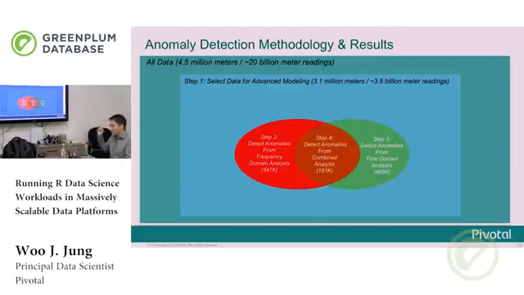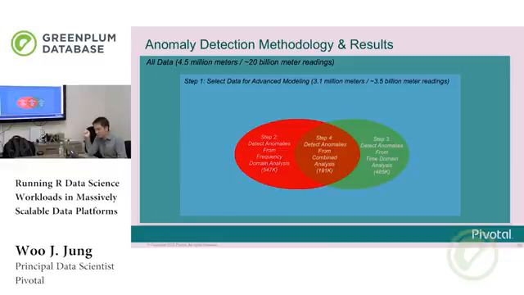If a meter was flagged as anomalous by both the FFT analysis and the ARIMA analysis, it made it into the final list of meters that we asked the forensic team to go out and analyze, which substantially reduced the number of false alarms produced by this workflow. So a very interesting use case.